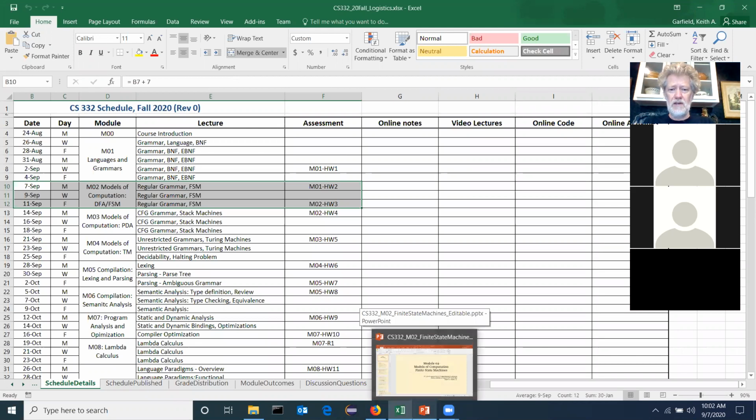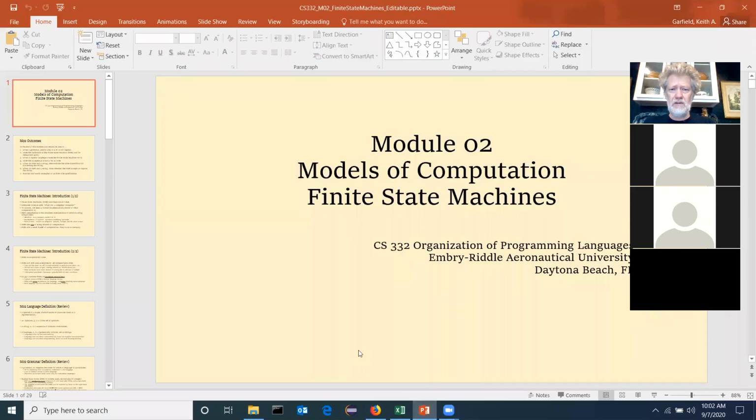The notes are online. And for some of you, the finite state machine portion of this will be review, which is fine. Most topics gain value by being shown to you twice as you go through your academic progressions.